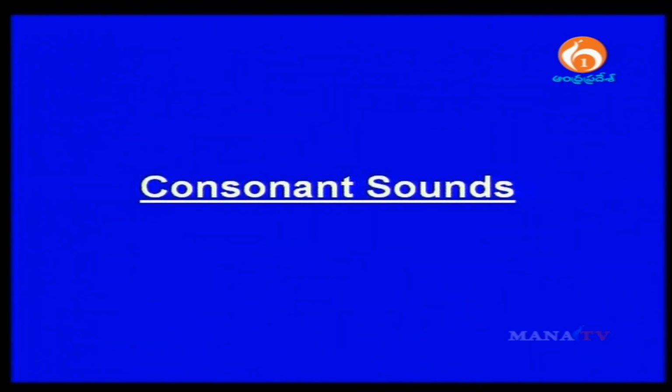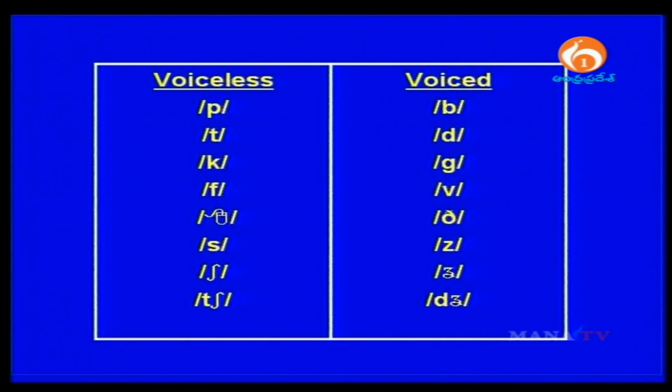Moving on to the consonant sounds, you can refer to your lesson which talks about organs of speech, and then moves on to the next one where you have the consonant sounds described. Here you have a list of voiceless sounds and a list of voiced sounds. Voiceless sounds: p, t, k, f, th, s, sh, ch, and so on.